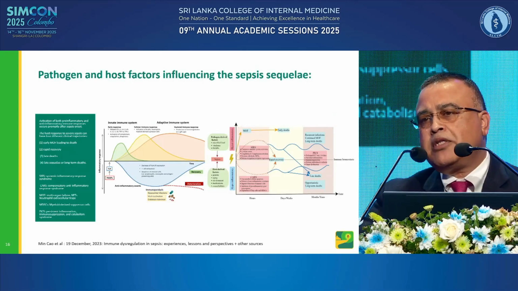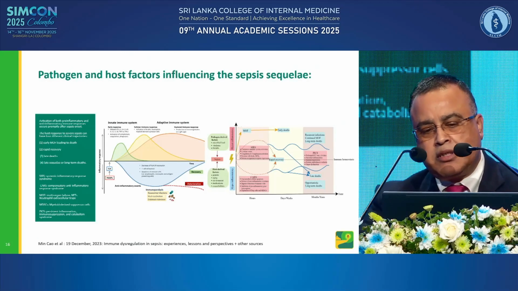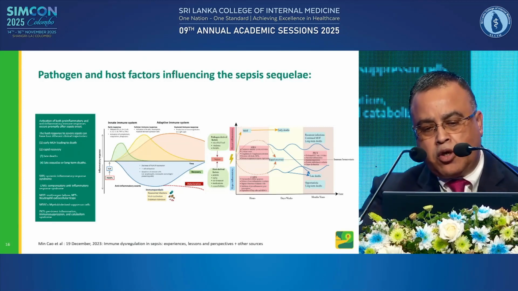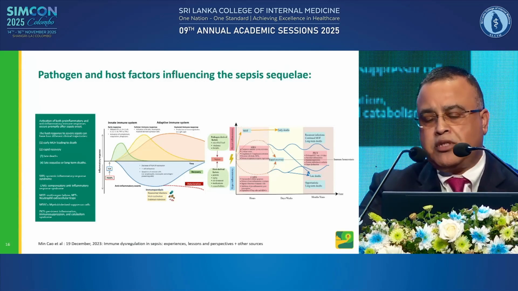Now, very quickly on the pathology, if you have any trigger or any insult from any pathogen, 4 things can happen. Either you have multi-organ failure, early death, or you can have a very early survival because your immune system is strong.